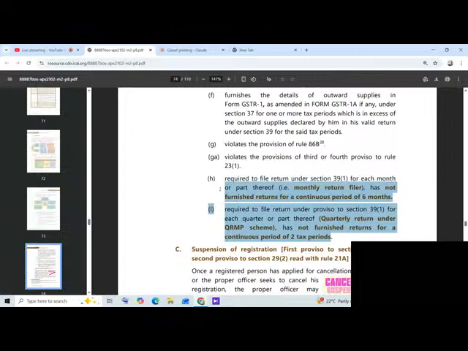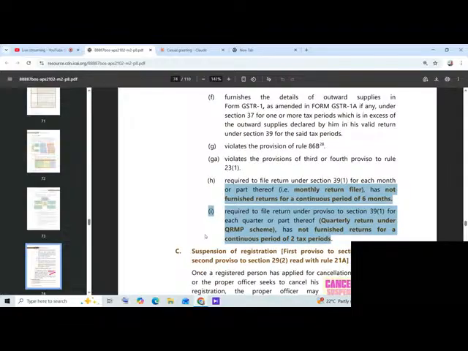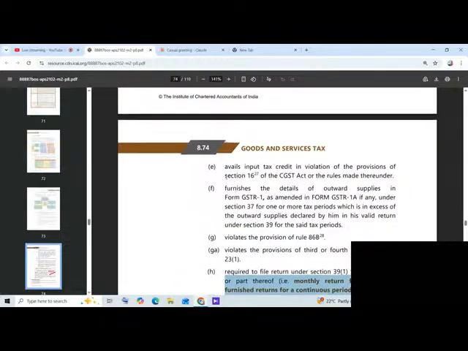So in case of the QRMP scheme, if he has not furnished returns for a continuous period of two tax periods, the registration will be liable to be cancelled. And in case of filing returns under Section 39(1), for a continuous period of 6 months, if he has not filed returns. So let's look at these points.